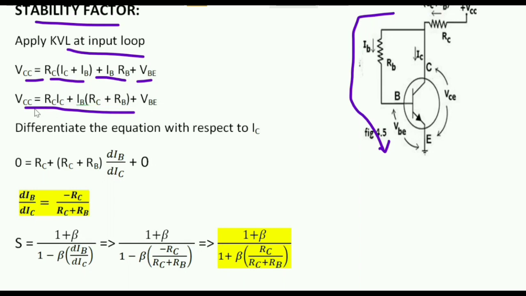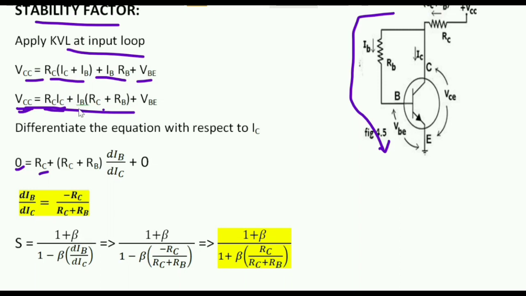If we differentiate both sides with respect to IC, we will get dVCC by dIC. As the VCC is constant, we will get 0, and dIC by dIC is equal to 1, so we will get RC into 1.